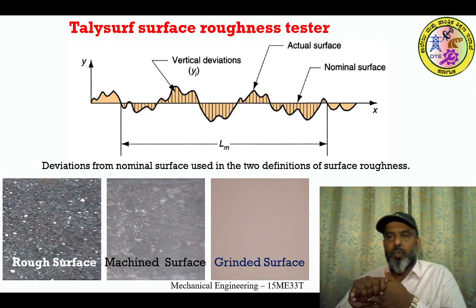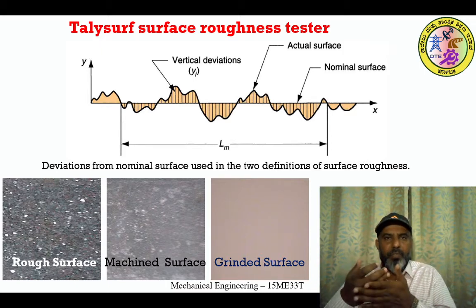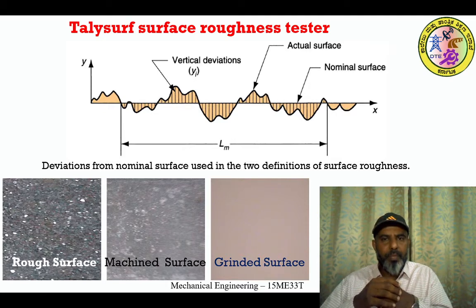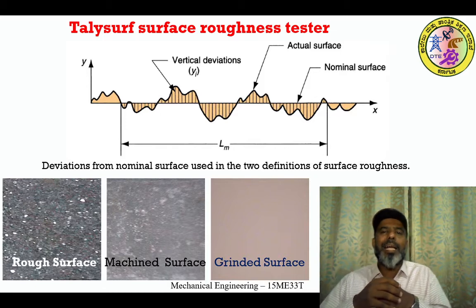And further, to obtain a higher surface finish, we have to go for honing and lapping operations. Honing is carried out on the IC engine cylinder surface, and lapping operation is done for the external surfaces.